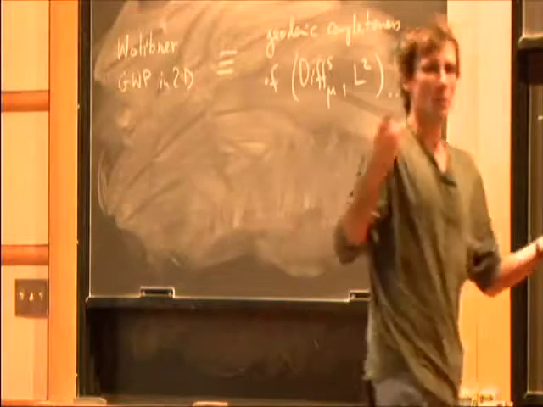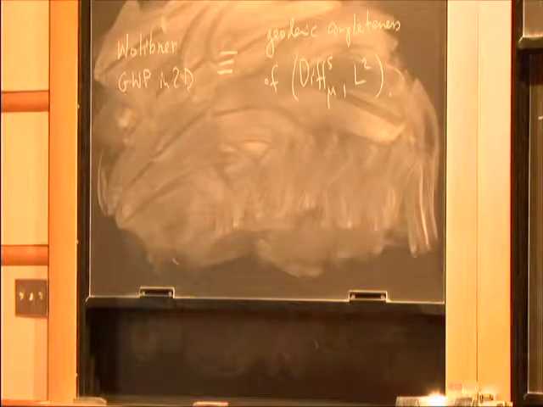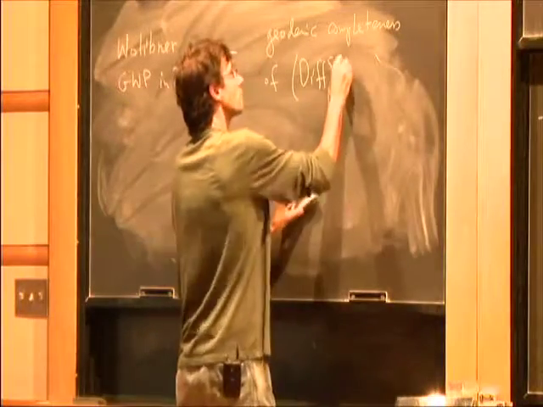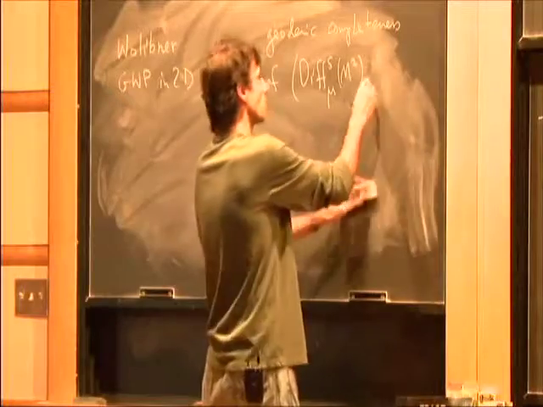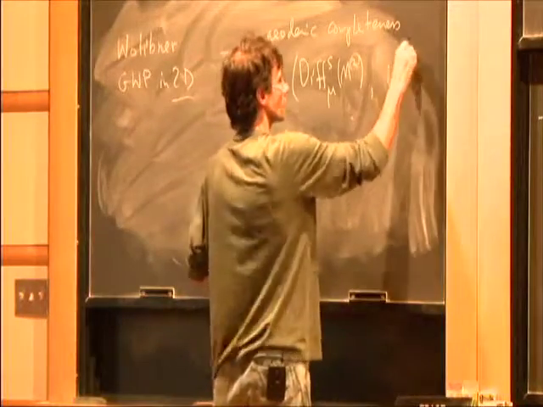The 3D problem, therefore, would be establishing geodesic completeness. Let me be more careful here: this is M^2, just the two-dimensional case, so that's the 2 here with the L2.